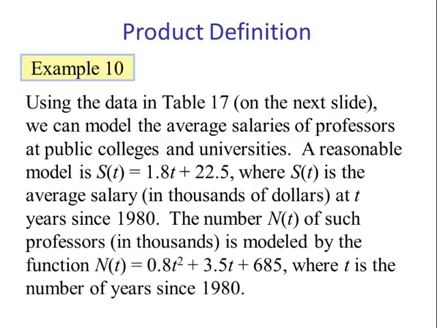The number N of t of such professors in thousands is modeled by the function N of t equals 0.8t squared plus 3.5t plus 685, where t is the number of years since 1980.